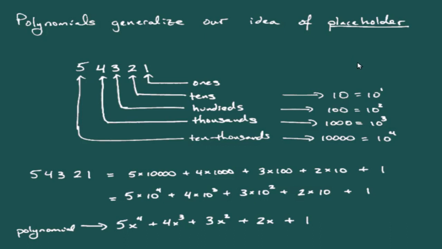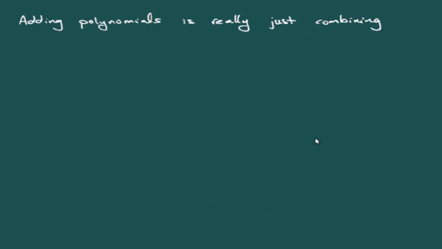So adding polynomials is really just essentially combining like terms. And so now, what is this like term? Well, what makes things like? We have the variable parts, they match exactly.